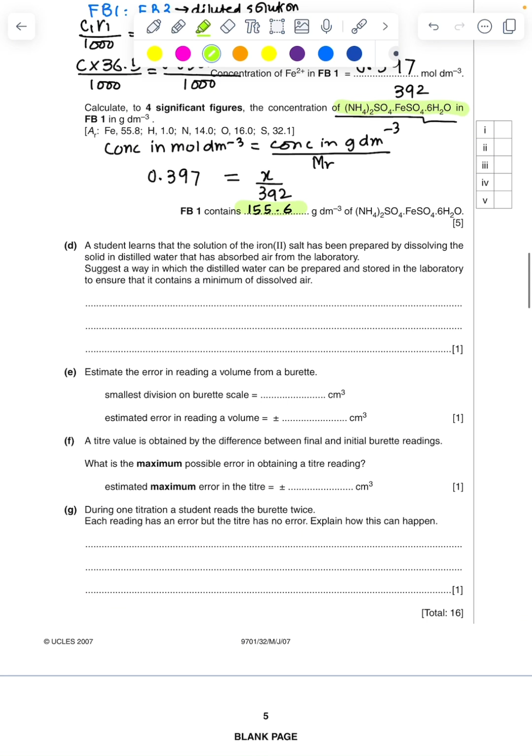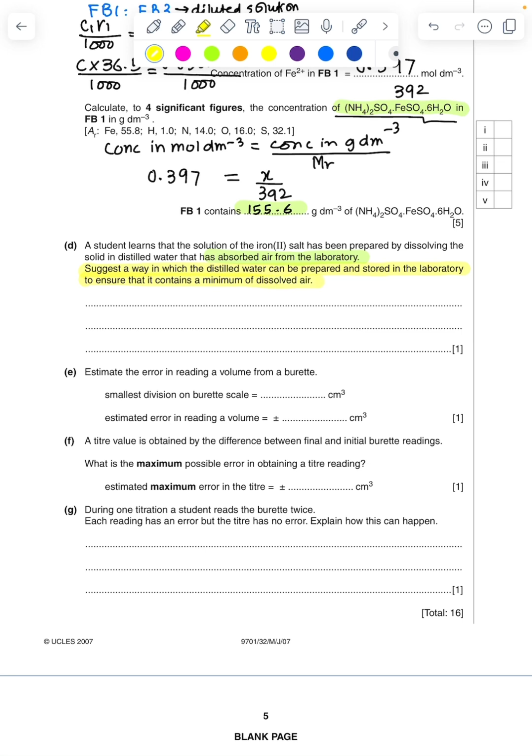Then it says that a student learns that the solution has been prepared by dissolving the solid in distilled water that has absorbed air from the laboratory. Suggest a way in which the distilled water can be prepared and stored to ensure that it contains a minimum of dissolved air.